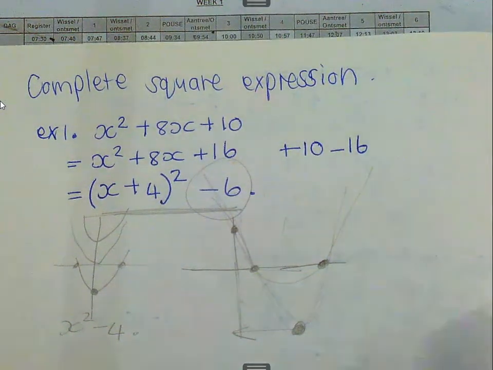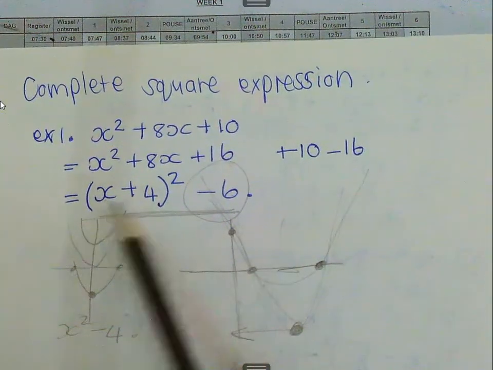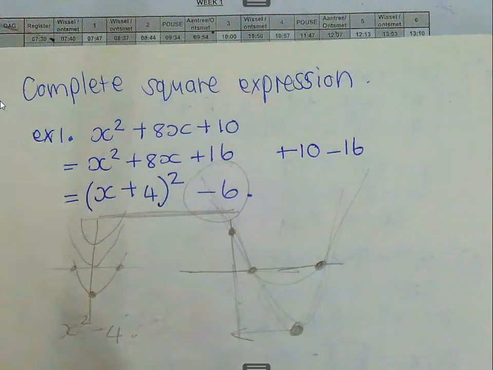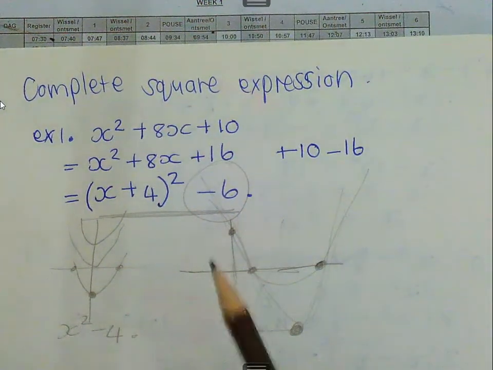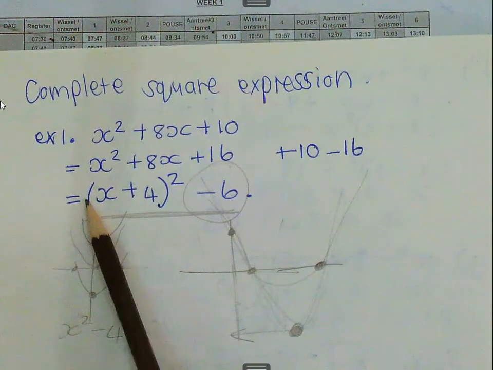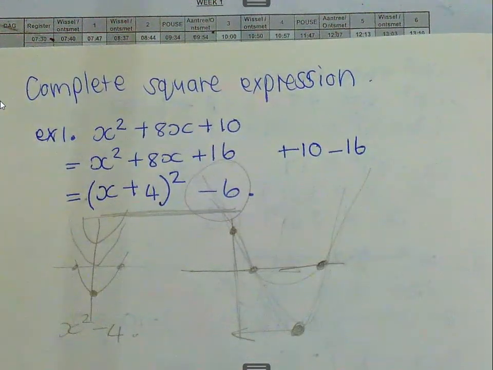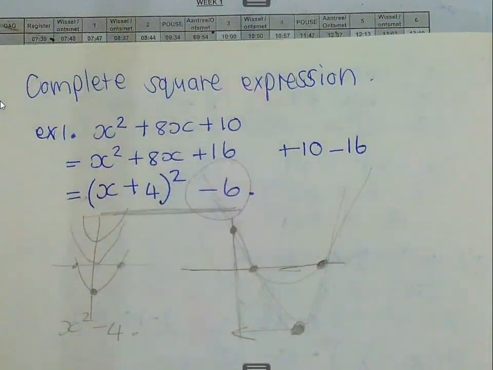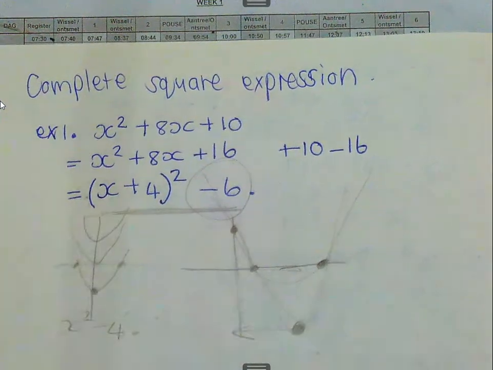Okay. So, will it have a minimum or will it have a maximum? Because it's a positive graph, it's a happy one, it has a minimum. What is the minimum? -6. And that's what this format does for us. Does that make sense? Let me show you another one.